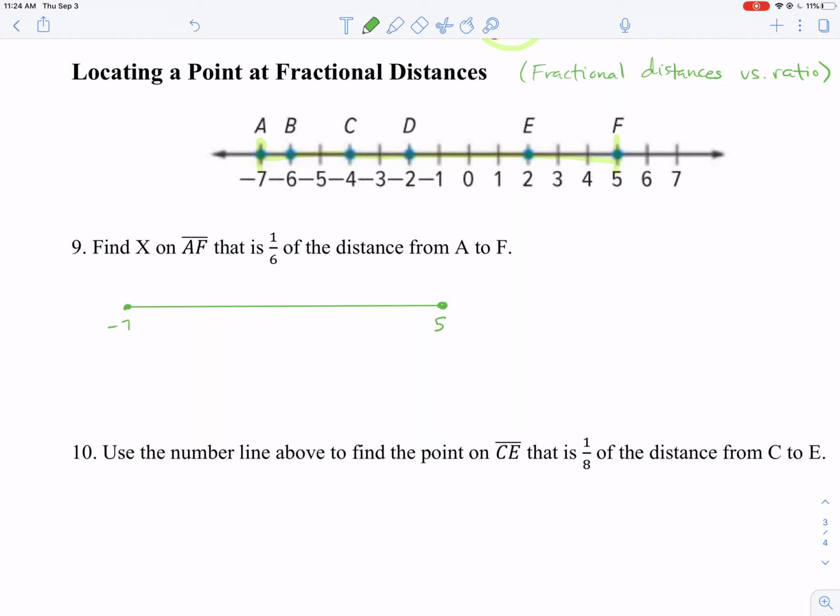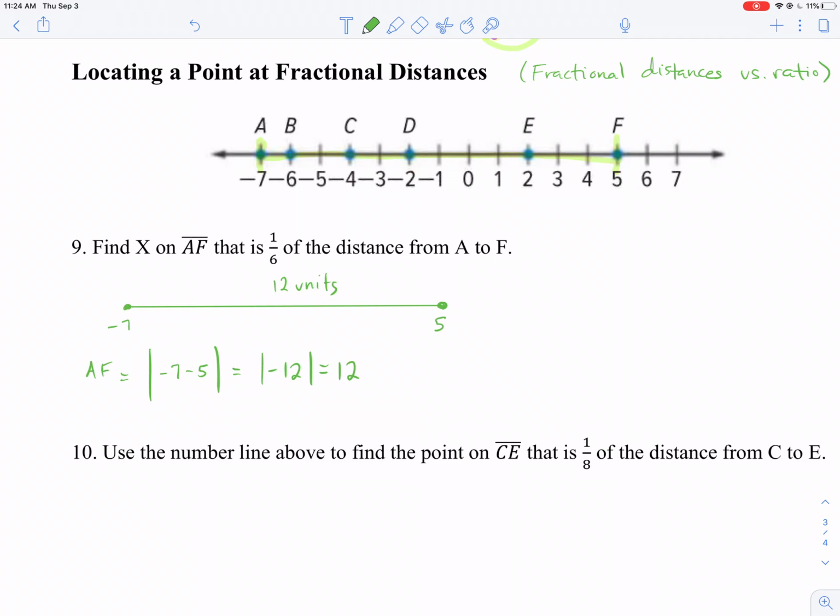Recalling from the previous section of notes, I want to find the measure of AF. So I'm going to use the absolute value of the difference between my two values. So -7 minus 5, because my 5 is positive, gives me -12. I take the absolute value of that, and the length of this is 12 units.